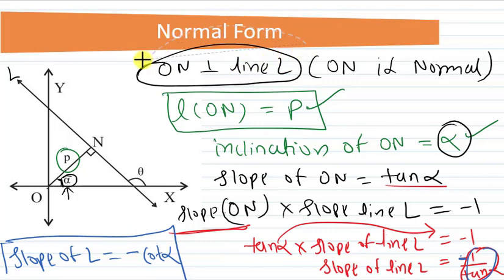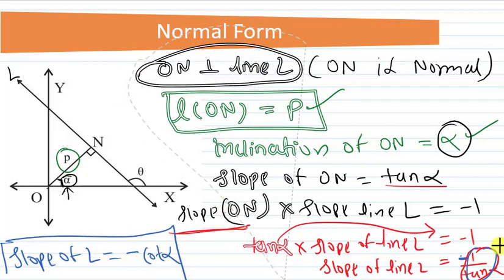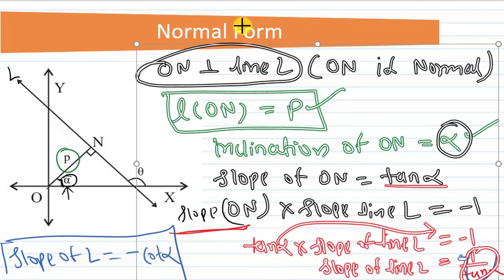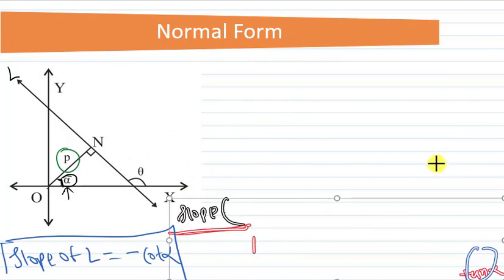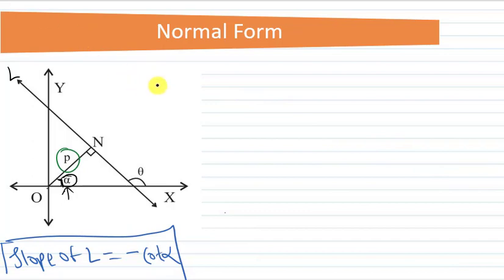I'm going to erase this. Take the screenshot. Right. Now, if I know the slope of any line, I should know any point through which the line is passing, so that I will be able to use the equation of line in slope point form.